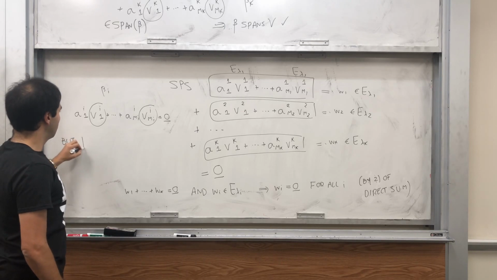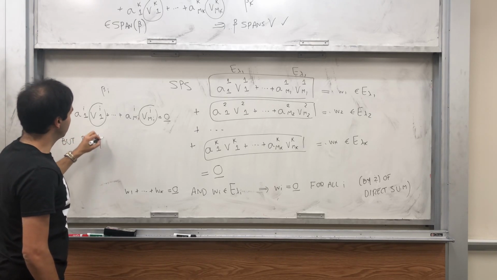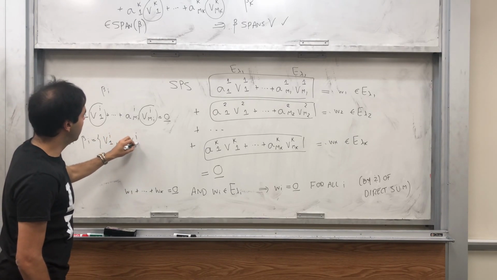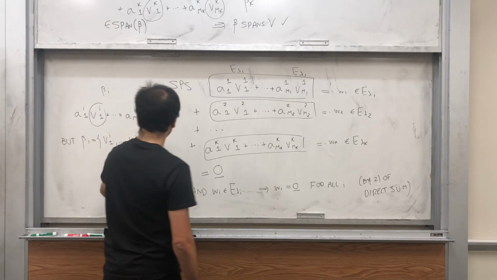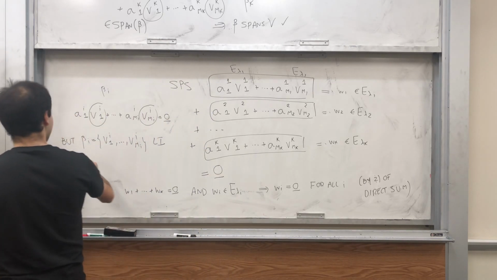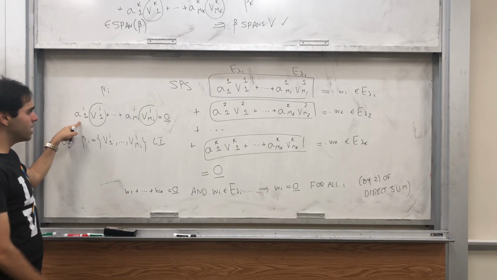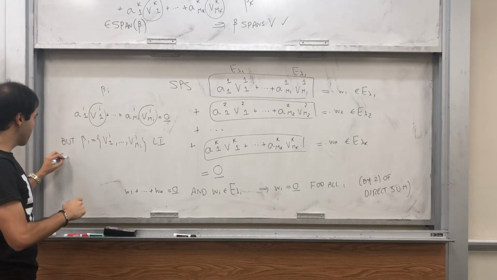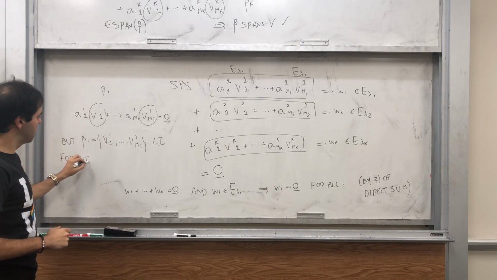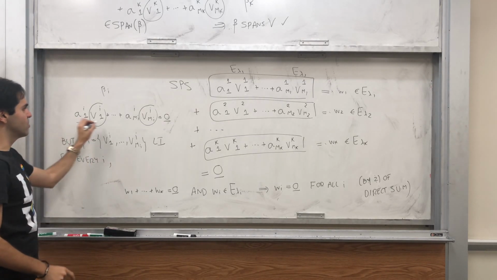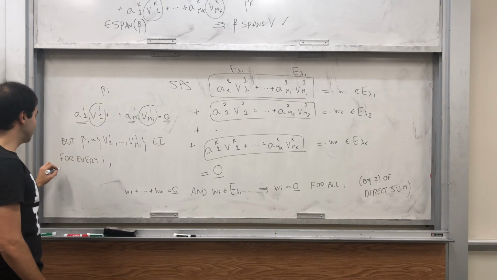But beta_i, which is v_i1 up to v_iMi, we know this is linearly independent, just because we chose a basis for E_lambda_i. So in particular, for every i, we can conclude that each of those coefficients is 0, just by linear independence.